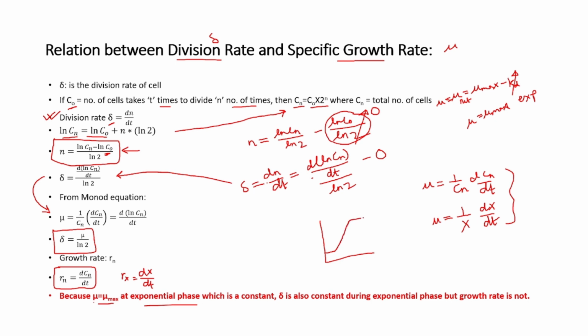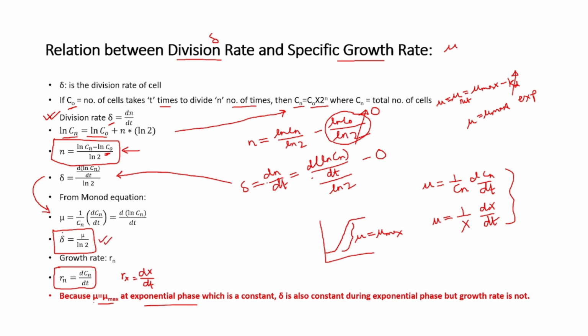For this portion of the graph, the specific growth rate is constant, equal to the maximum specific growth rate. From this relationship, mu is constant, ln2 is constant, so delta is also constant.